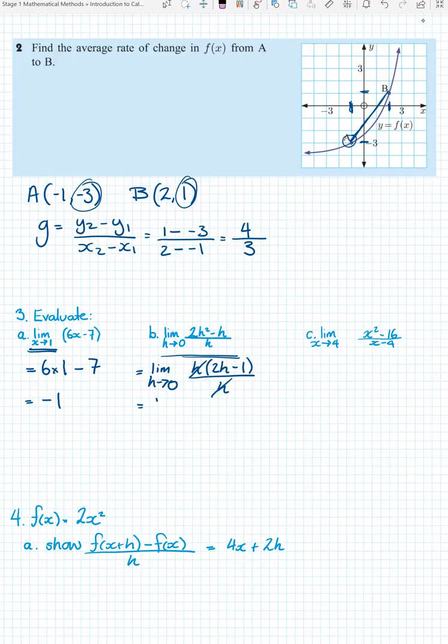So we're left with the expression, the limit as h approaches 0 of 2h minus 1. We can't simplify that any further. So now we set the h value here to 0. 2 times 0 is 0. We're left with minus 1.